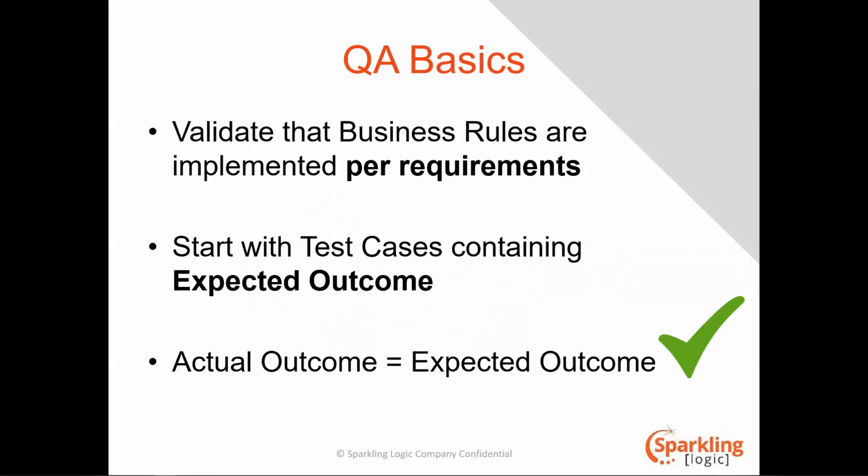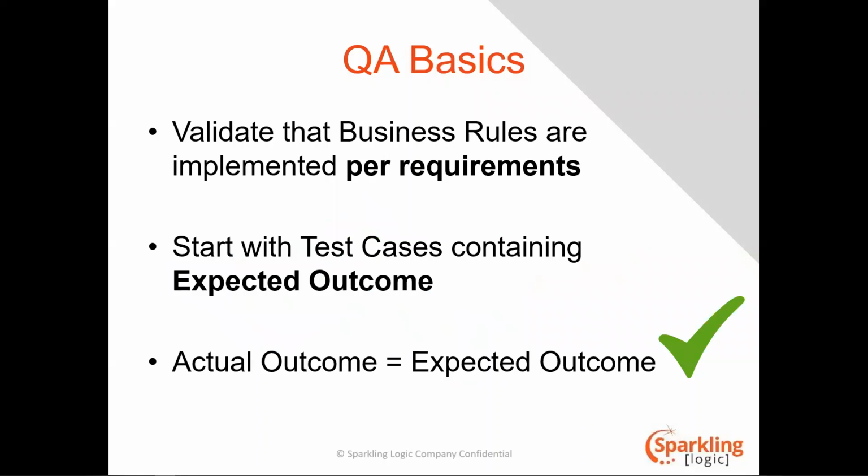So let me take a step back into the basics of regression testing and what I mean by that. Sometimes I call it QA testing. To me, that's the same thing. The idea is that we want to validate that the business rules are implemented per the requirements, that they actually do what they are supposed to do.